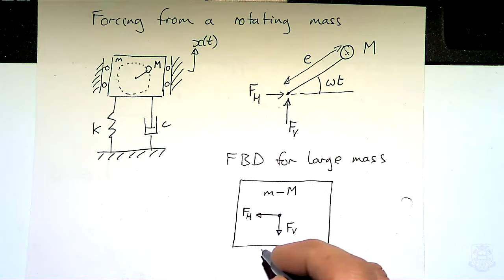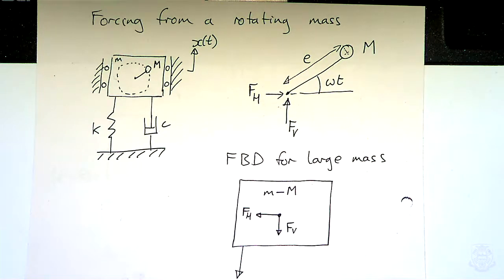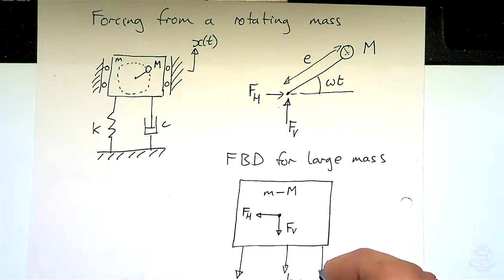Because it's a free body diagram, we have exactly the same other forces acting on it. There's an inertial force when we initially try to move it, so in that case it's small m minus big M times x double dot. Then we've got kx as a restoring spring force and c x dot as the restoring damper force.